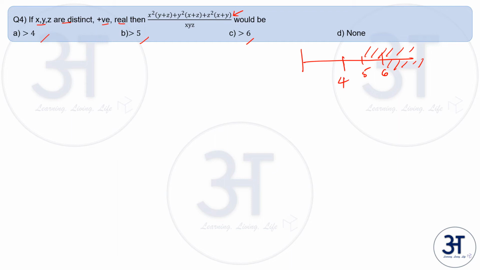But you should understand that in these kind of questions, what they actually mean when they give these different options is that they are looking for those values that this expression can take. Meaning, if you say it is greater than 4, it means that this expression will be able to take any value which is greater than 4.